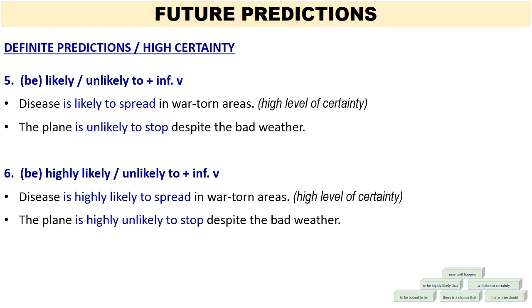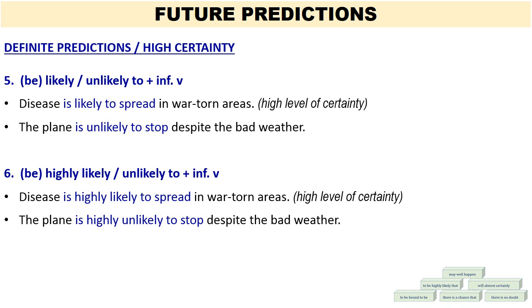Another formula we can use is the verb to be plus likely or unlikely to plus the infinitive form of the main verb. For example, disease is likely to spread in war-torn areas. Now again, there is a high level of certainty with this prediction.